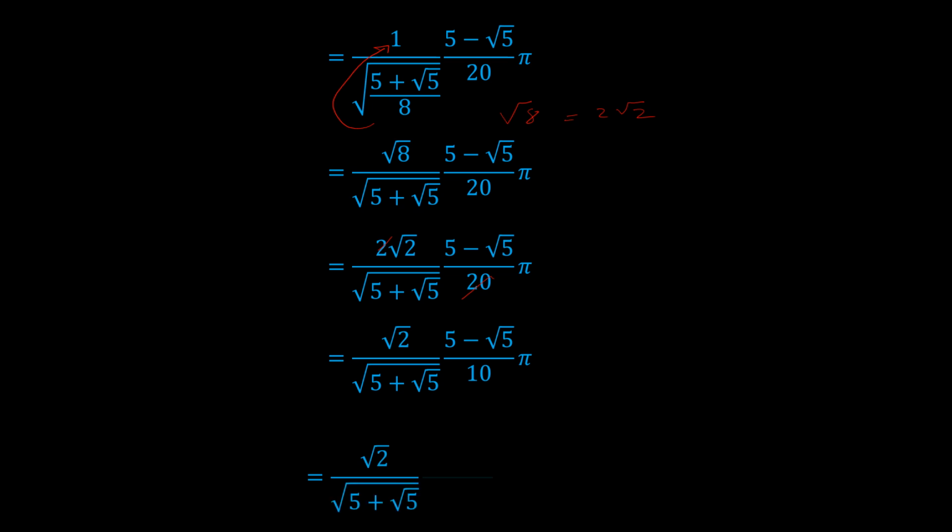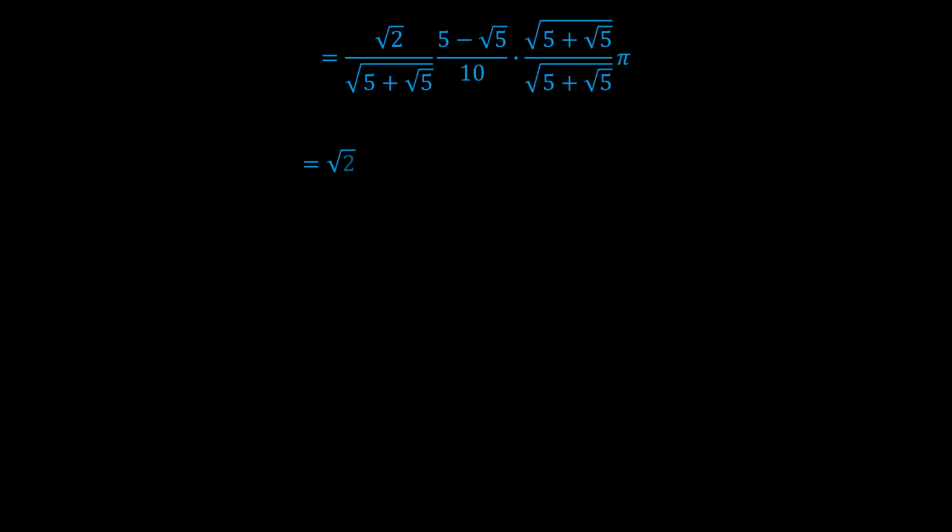And then obviously multiplying both the numerator and the denominator by the same thing, we just want to remove the square root sign in the denominator. So we came up to here where we multiplied with the same thing, but now we are left with root 2 here.